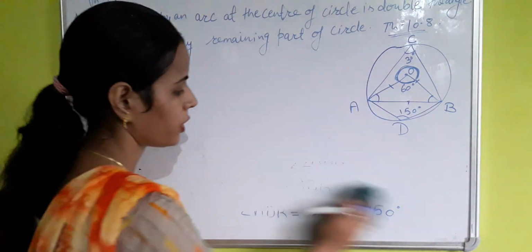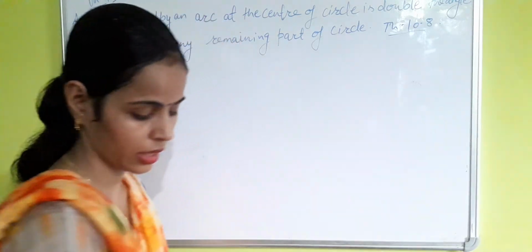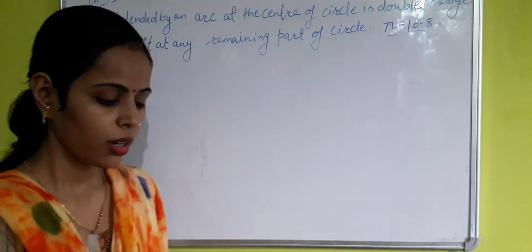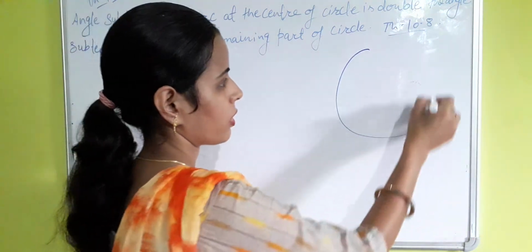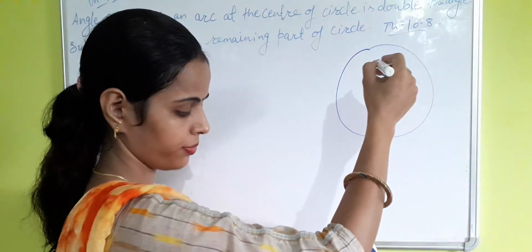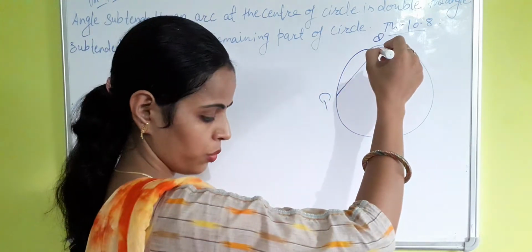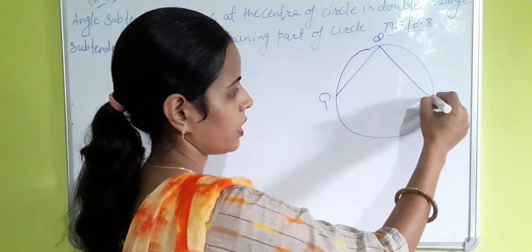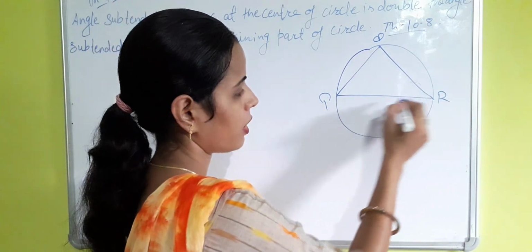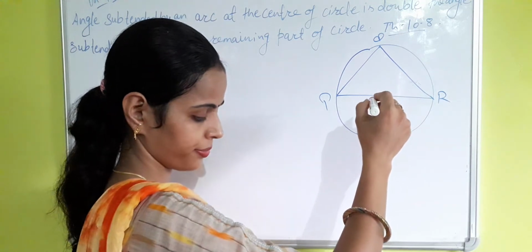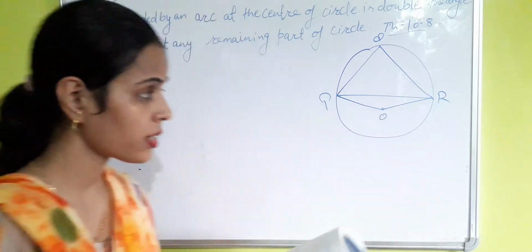Question number 3. The figure is given. P, Q, R are points on a circle, and O is the center.